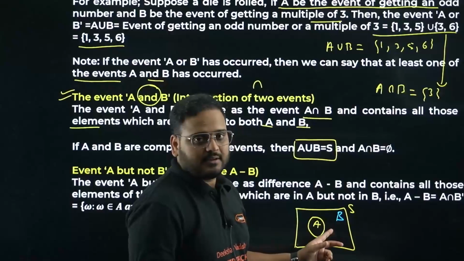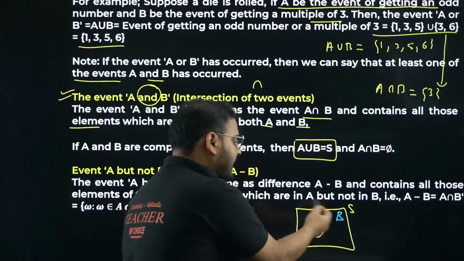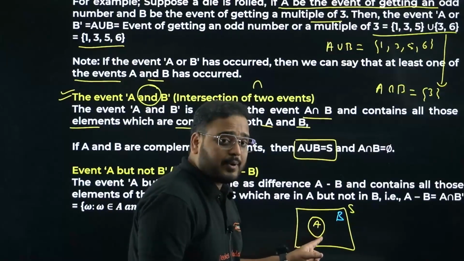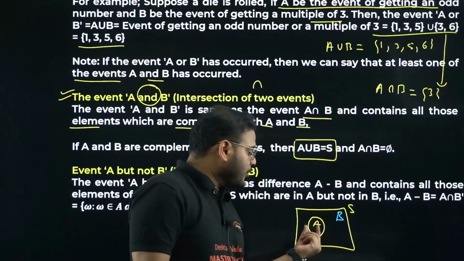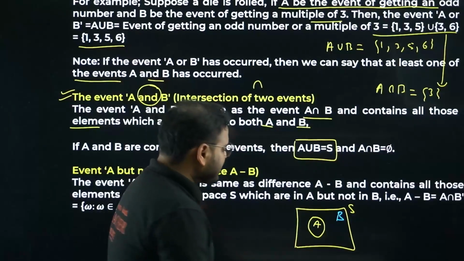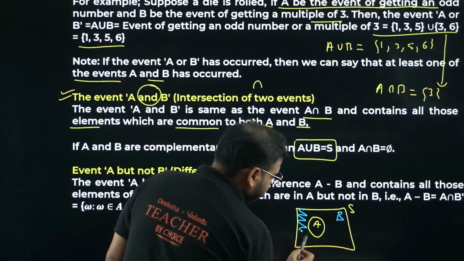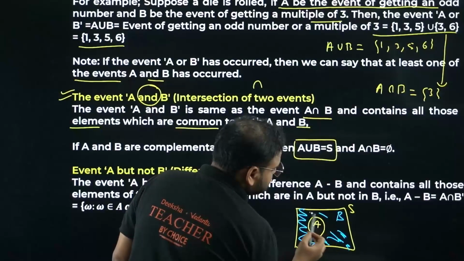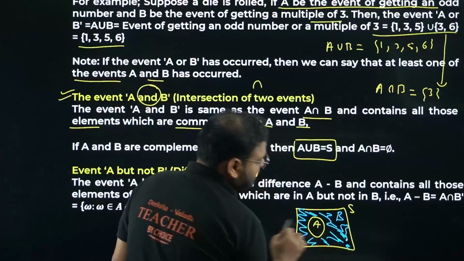Nothing. The rectangular part is S. A is the circular part and B is the remaining part if you remove the circle out of it. This is the B part.